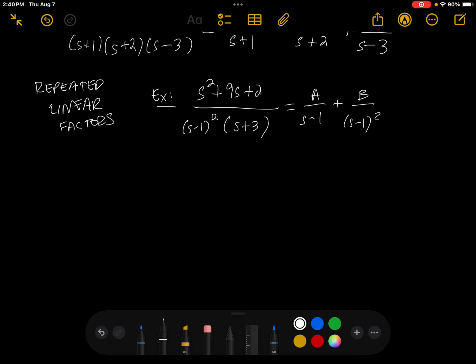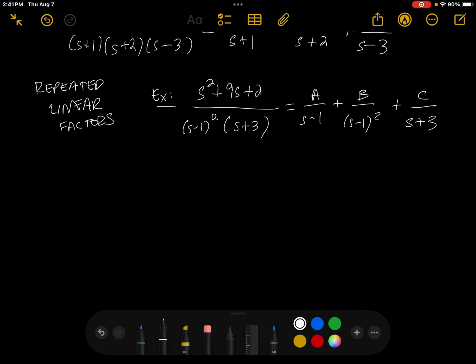That takes care of the s minus 1 squared. And then there's the s plus 3 part, and we're going to get a constant over s plus 3. That's the form that we have. And now we're going to solve for a, b, and c. And you pretty much do the same thing. It's slightly more complicated when you have a repeated linear factor, and we'll see what happens.